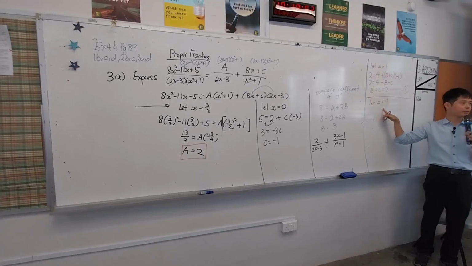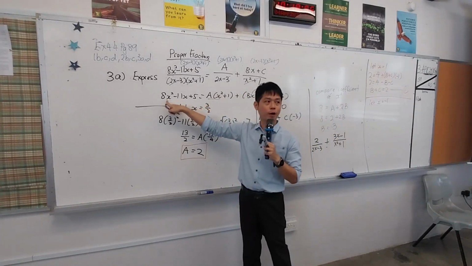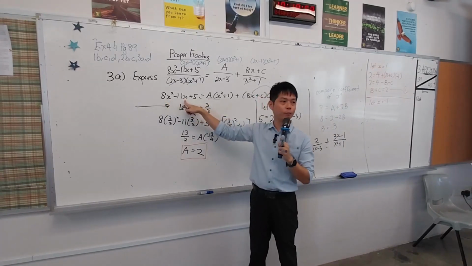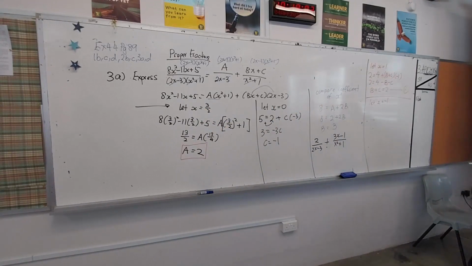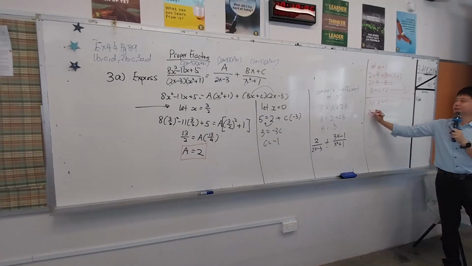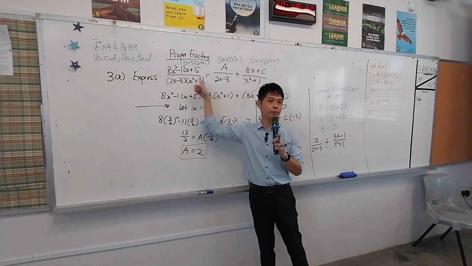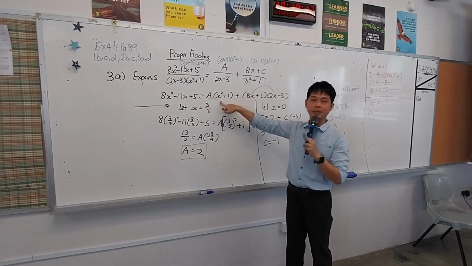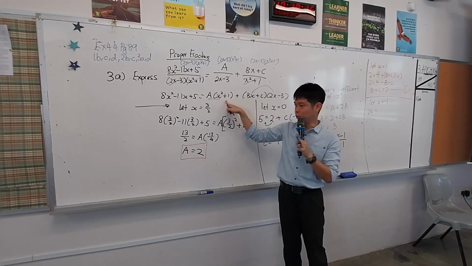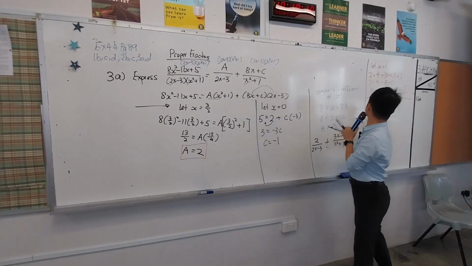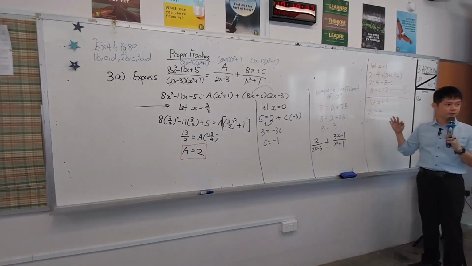Next, I will let x be negative 1, one last time. If I let it be negative 1, my left-hand side will be 24. If I let this be negative 1, I will have 2A, 2 times A is 4. I try to not write too much so that you have a clearer idea how it looks.